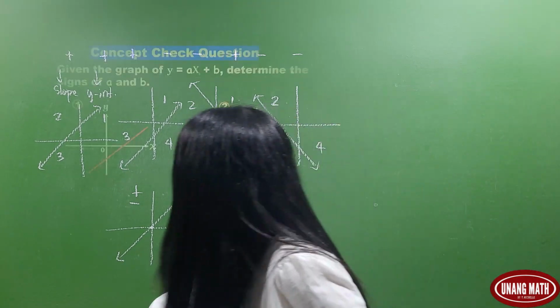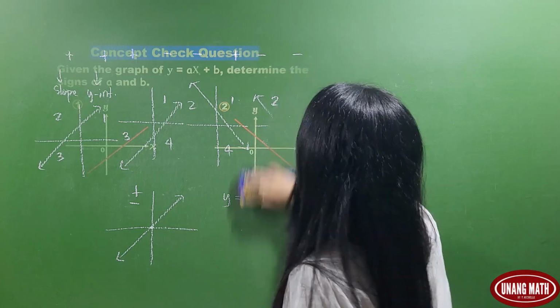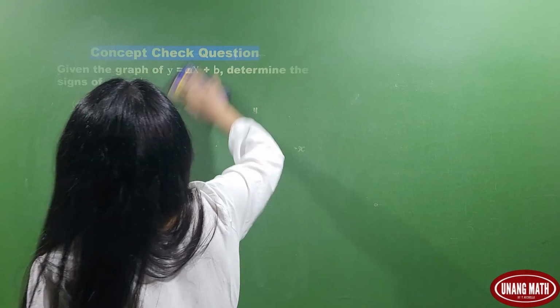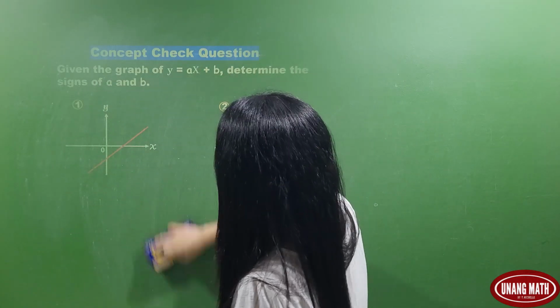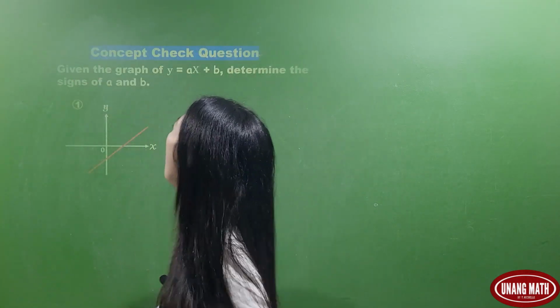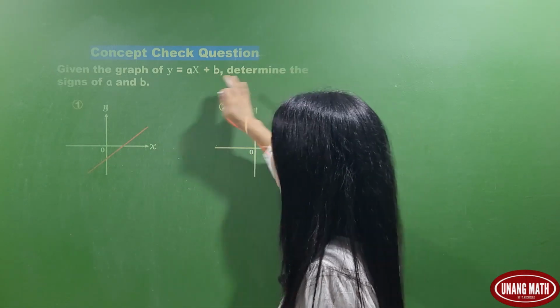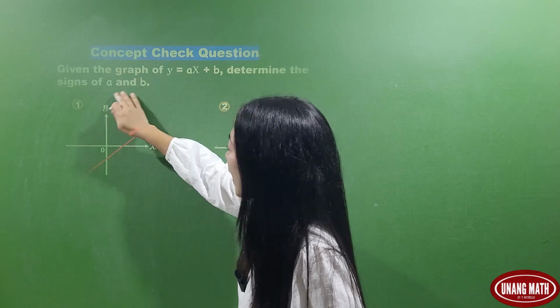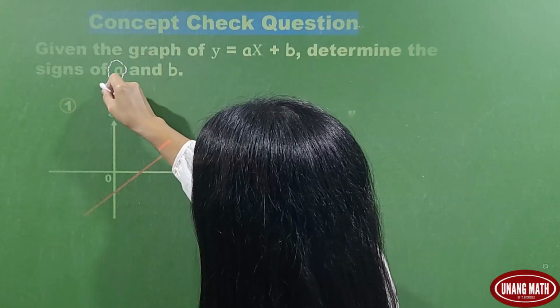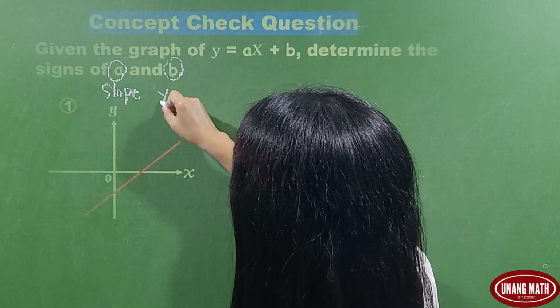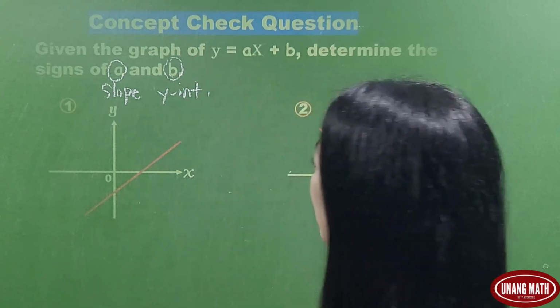Okay, this time, let's take a look at another example by answering this concept check question. Given the graph of y is equal to ax plus b, we will determine the signs of a and b. So a is our slope and b is our y-intercept.